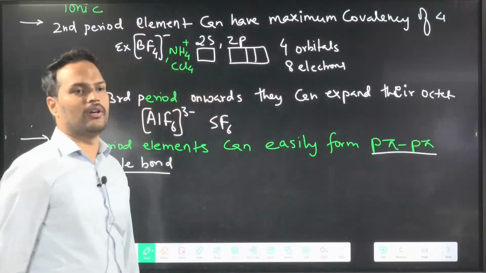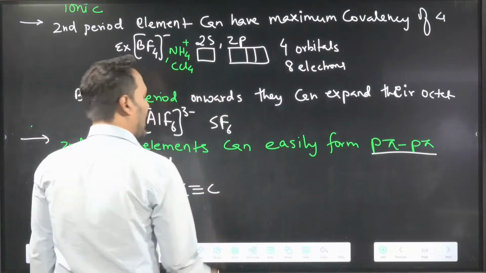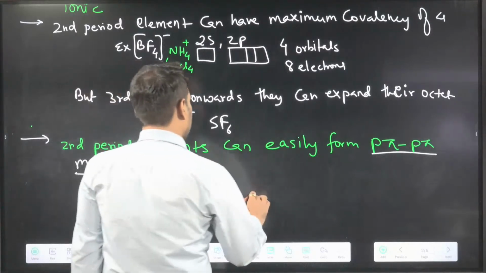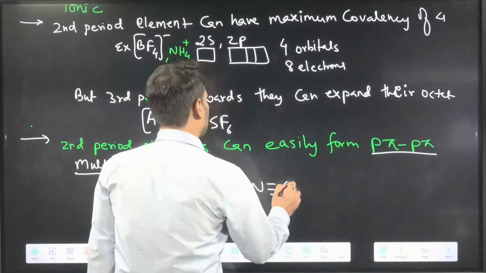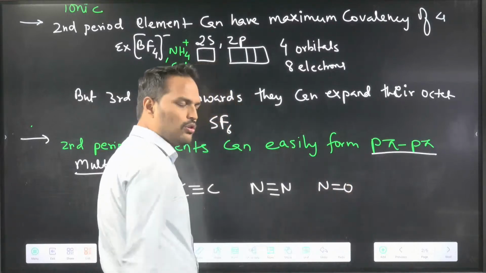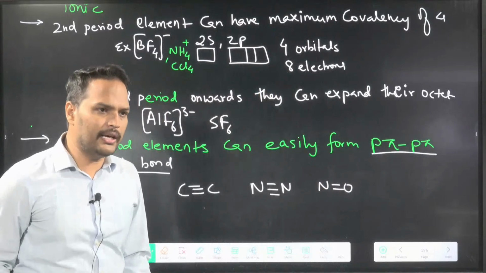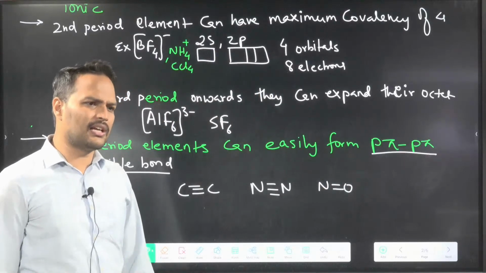But third period onwards, fewer chances there. Like you will see, carbon very happily making 3 bonds, nitrogen very happily making 3 bonds, oxygen double bond, oh, pi bond is also there. So like this. But as you move into the third period, they prefer generally single bonds.